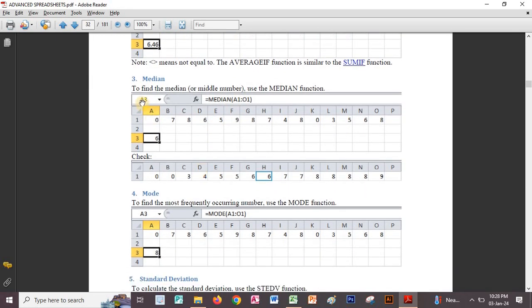Median is the middle value out of that group. They are ranging from 0 to 8, so what should the middle value from 0 to 8 be? Is it 6?